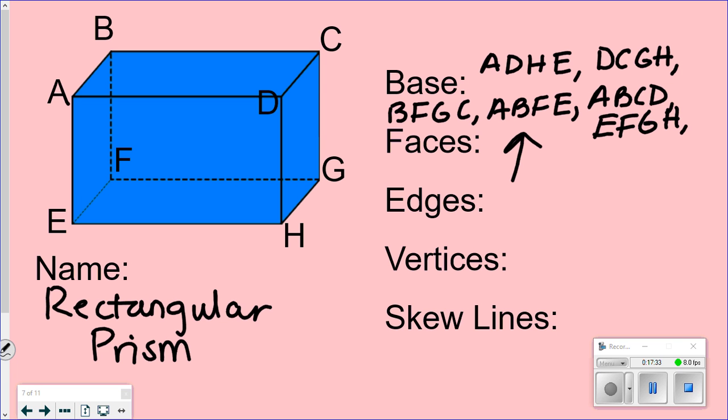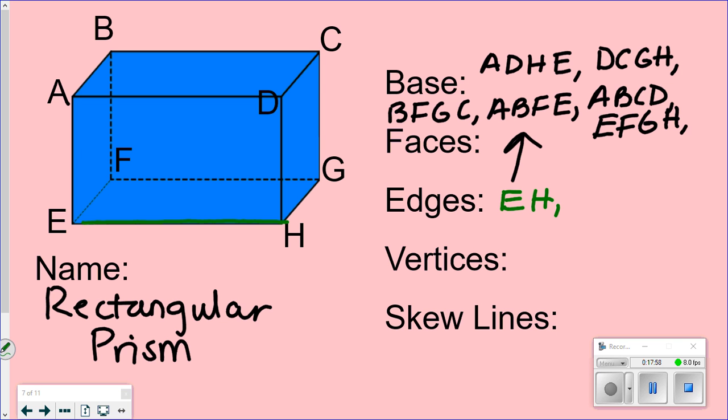All right, so then edges. Edges, remember, are where two faces meet. So there's a lot of edges in here, so we have a big list we have to make. And again, you're going to have to find a good system. So I'll list the first edge, EH. Okay, what's another edge?